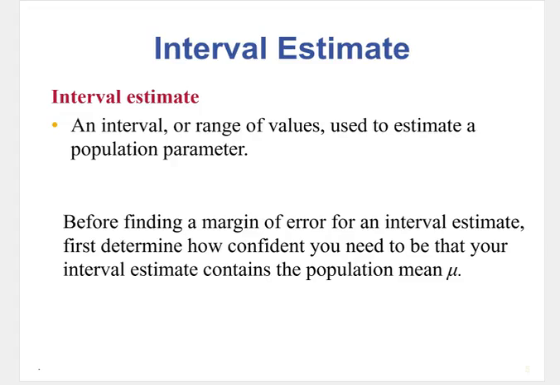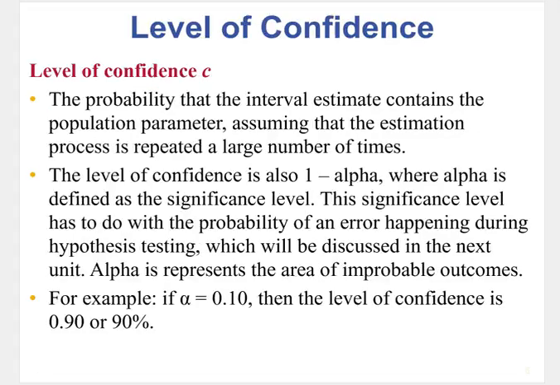So that interval is going to be used to estimate that population parameter mu. In order to do that, we're going to have some kind of margin of error around that x bar. It depends on how confident we are that that estimate actually contains the mu. So that's the thing we really need to work on, our level of confidence.